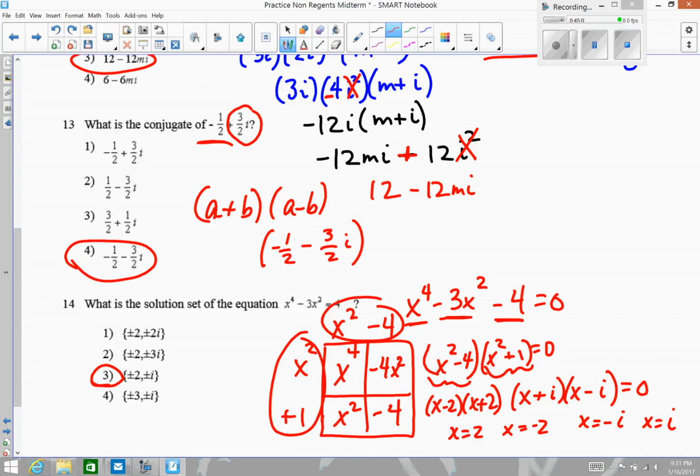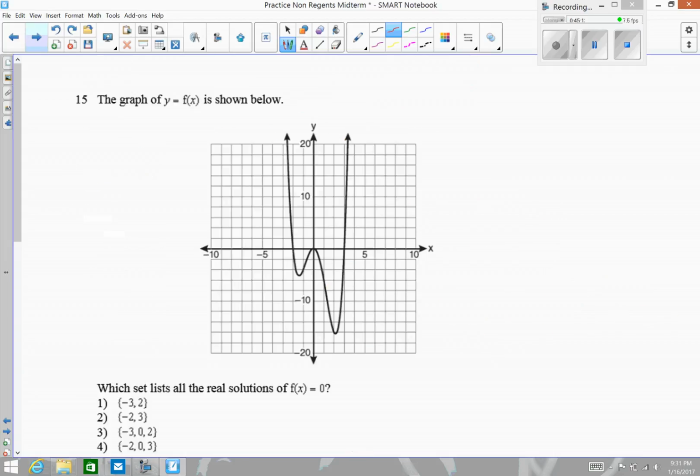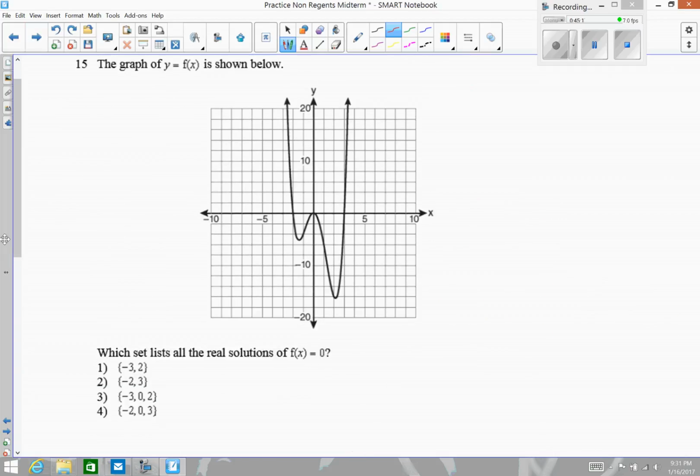All right then, we are moving on to one more problem in our multiple choice. Number 15, we have a graph of f of x. We want to know the real solutions. Well, real solutions are x-intercepts.